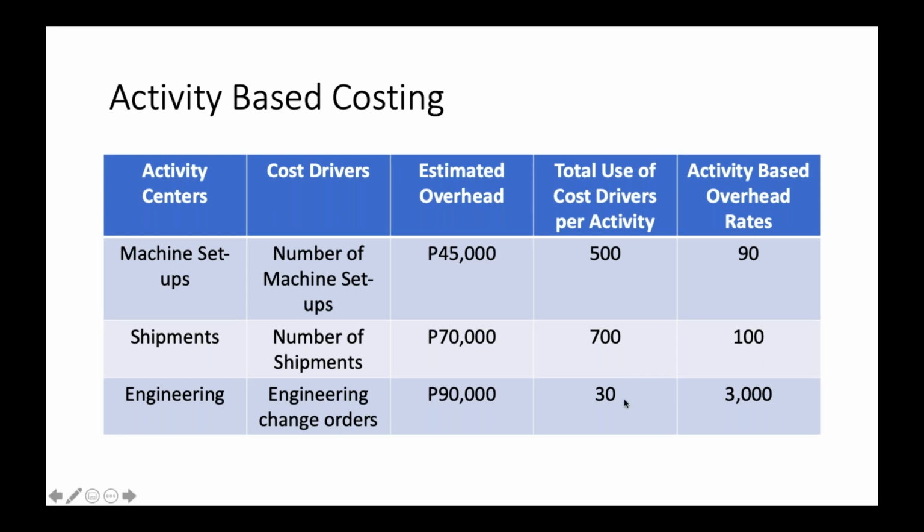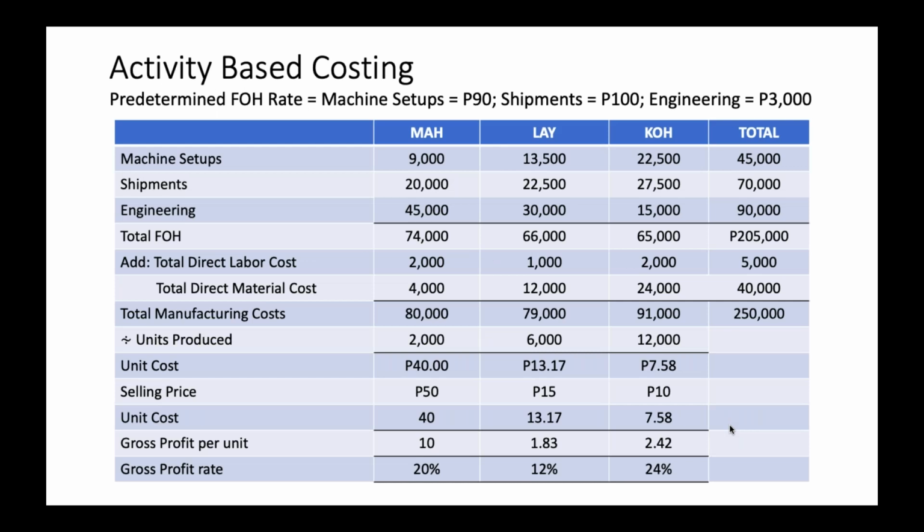For engineering change orders, that's 90,000 divided by 30, that's 3,000 per change order. So after determining the overhead rates per activity, we can now compute the true factory overhead cost for each product.